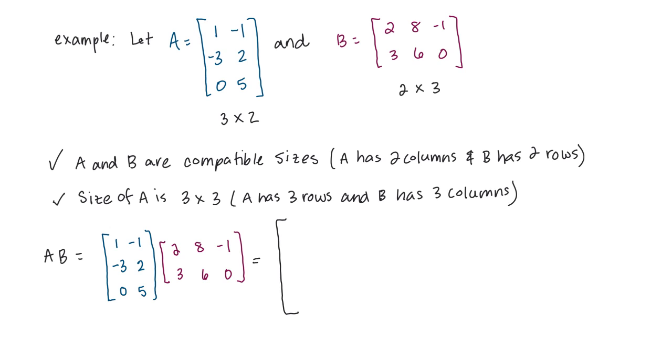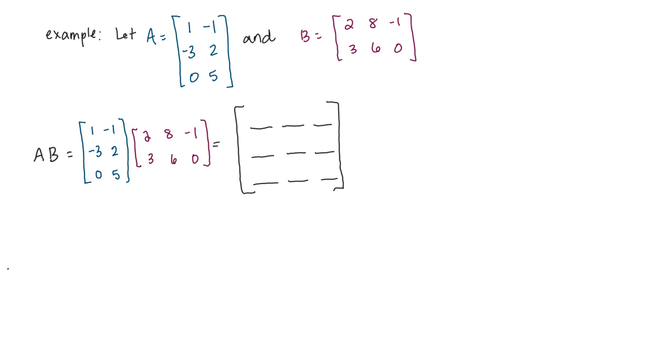So when we multiply these two matrices together, we'll give ourselves an open 3-by-3 matrix. So we have 9 different entries that we're going to have to find to fill up this 3-by-3 matrix. Each entry corresponds to a row from A and a column from B, because we're taking a row vector and multiplying by a column vector.